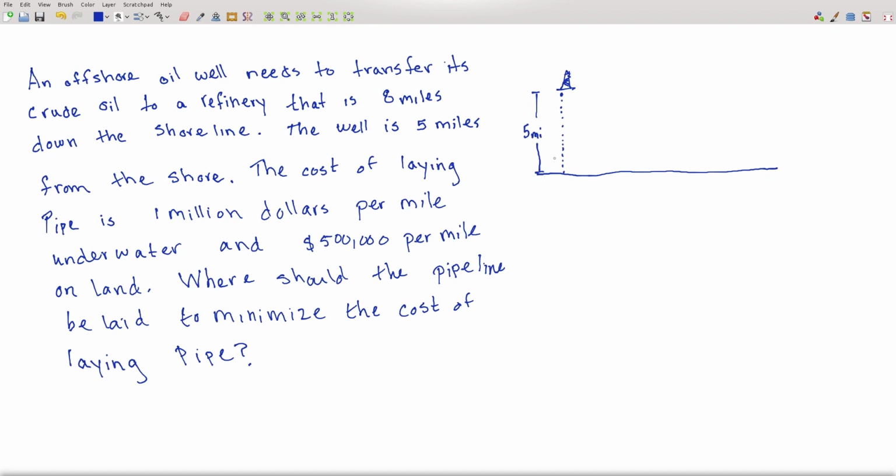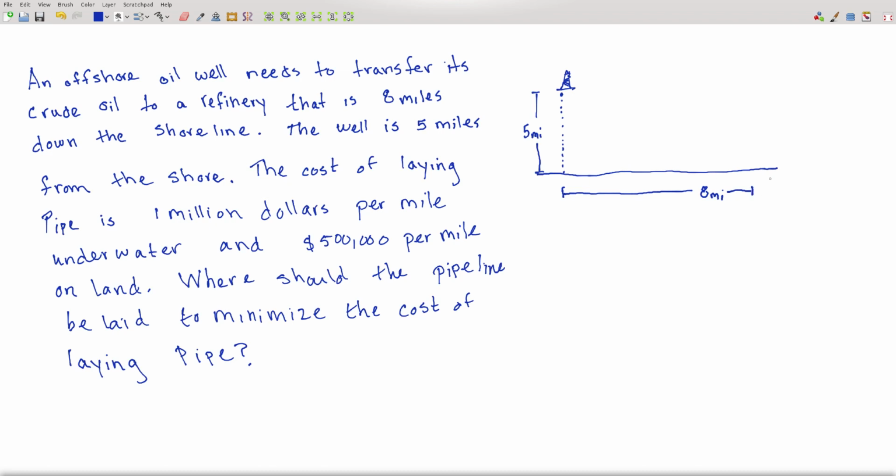Okay, it also says that there is this refinery, which is a sort of a factory where you take crude oil that came out of the earth and you turn it into useful oil. And that refinery is 8 miles down the shoreline. So from here until we get to over here, 8 miles from there to here, let's say.